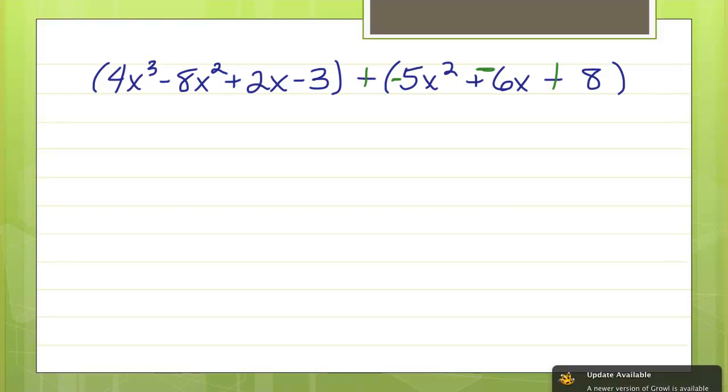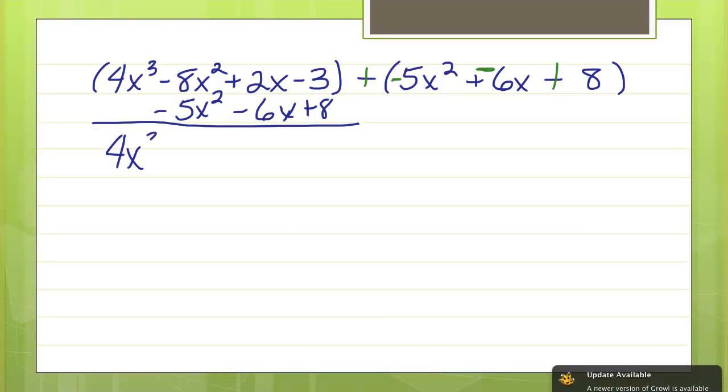And so again, you can just pick out your terms left or right, or this is a good candidate for writing down below here. There's no cube term, so as long as I'm going to rewrite just half of it, I might as well do that. So I've got 4x cubed minus 13x squared minus 4x plus 5.